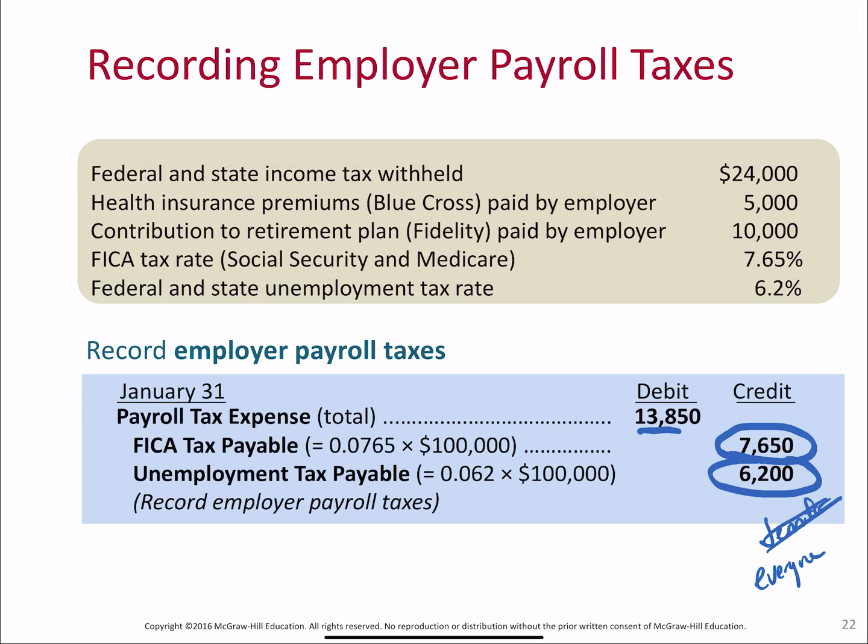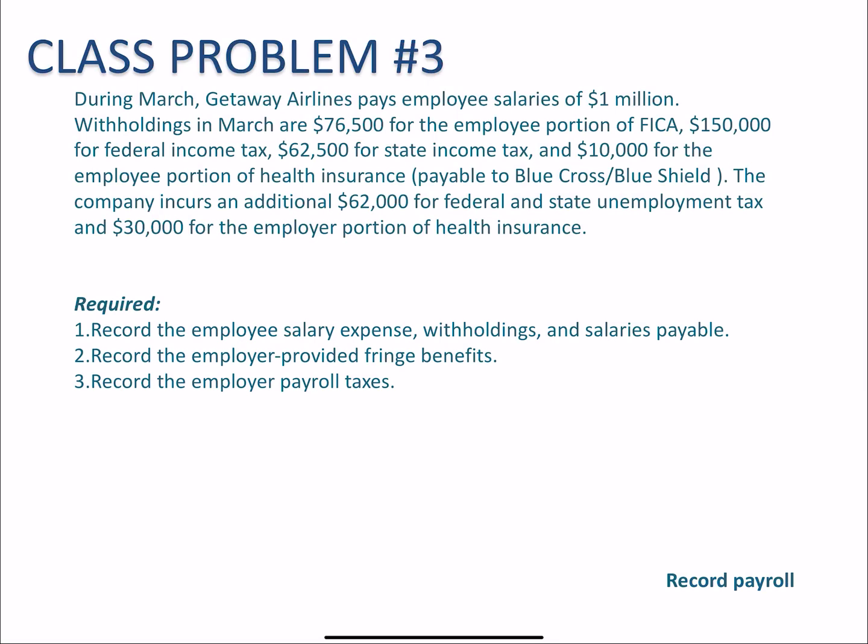The set associated with the salary, where I've got to withhold money as your employer and give it to different people. I've got fringe benefits. And then I've got the costs as the employer that I've got to pay just for the sheer fact that I have employees. Okay, three different types. So go back through that again and then come back to this portion, pause, and try to work this on your own.